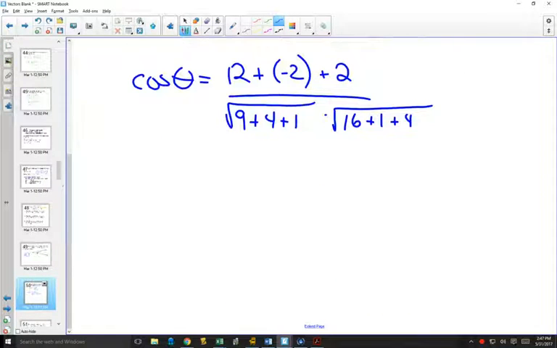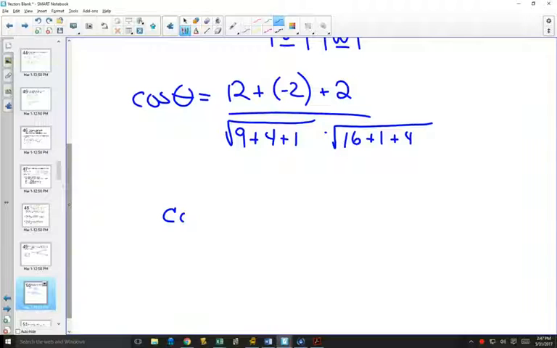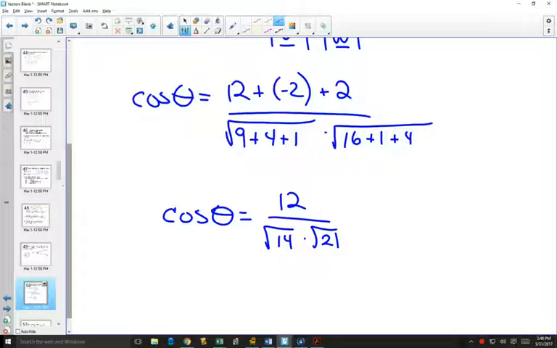And simplifying this, we get cos of theta is equal to 12 over the square root of 14 times the square root of 21. You can give your answer in radians or degrees.